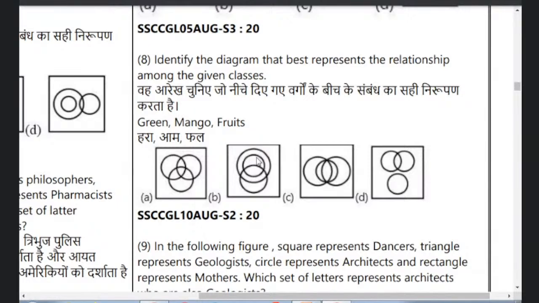So this is the mango and this is the fruit, and some mangoes are green and some fruits are green. Then option B is the correct option. If you choose option D, this is the green and this is a fruit, and that is not the correct option. Okay.